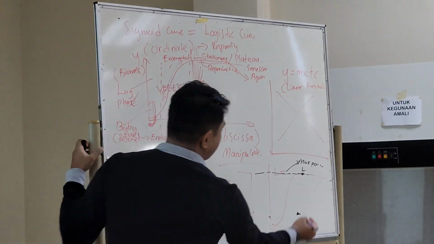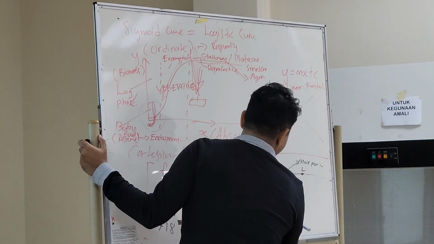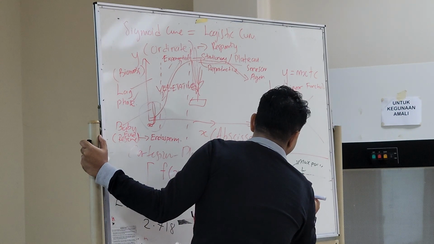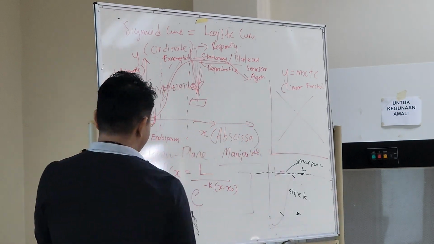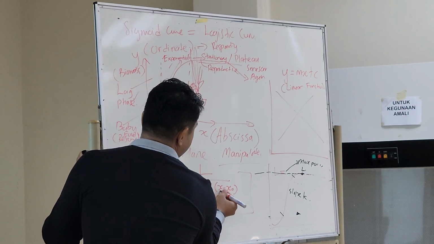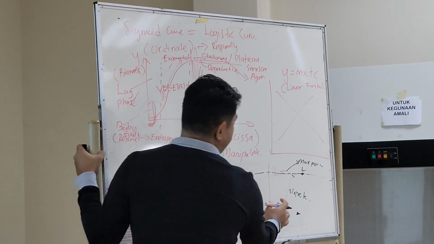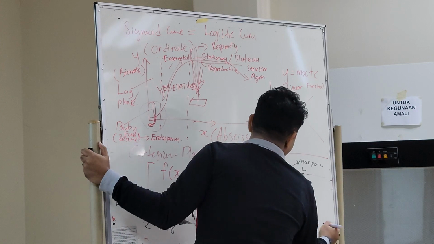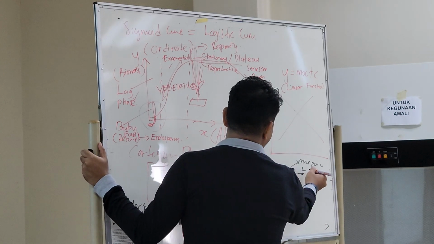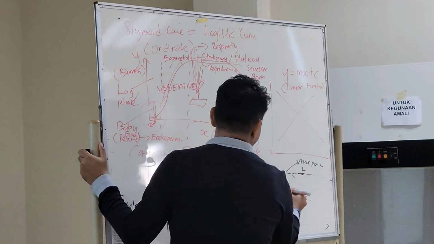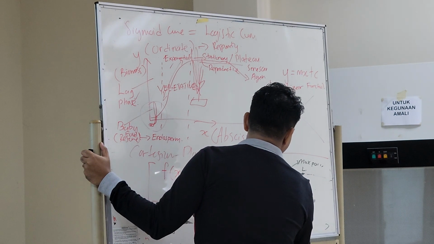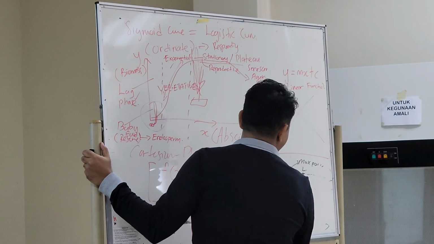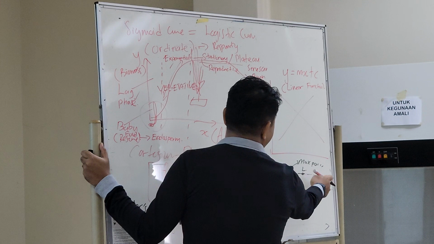Minus k is actually the slope. So you've got the slope here. That is the k. X here is any value on the x-axis. It can be here, it can be here, it can be here. X naught is the midpoint of this S curve.